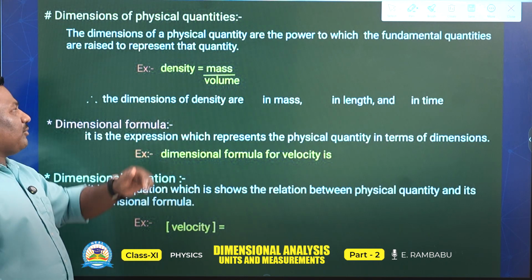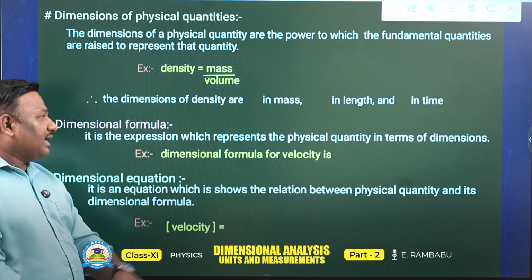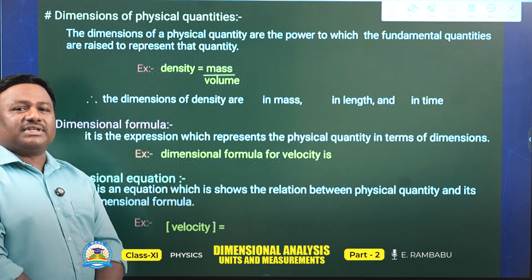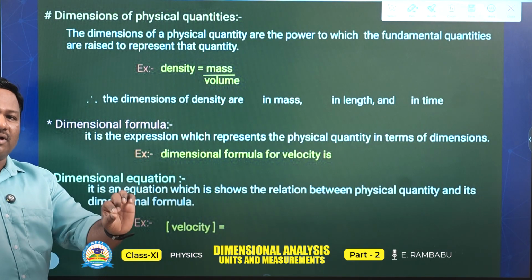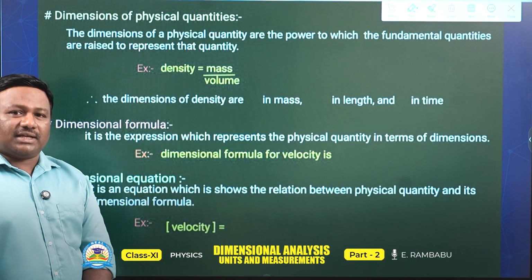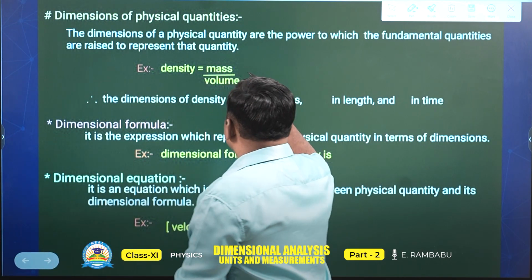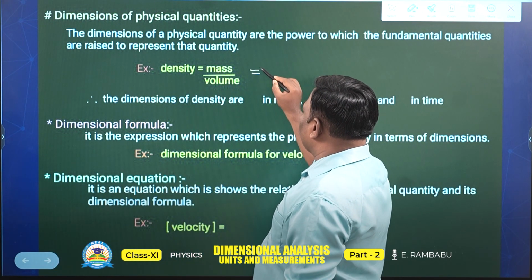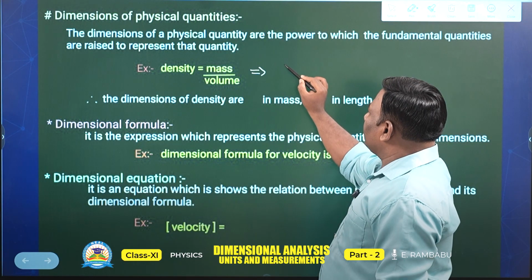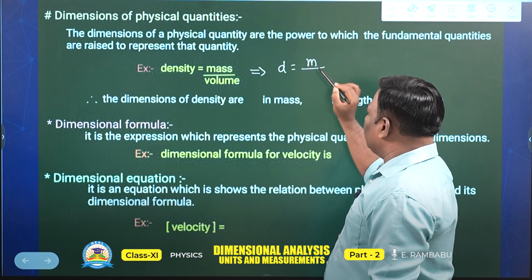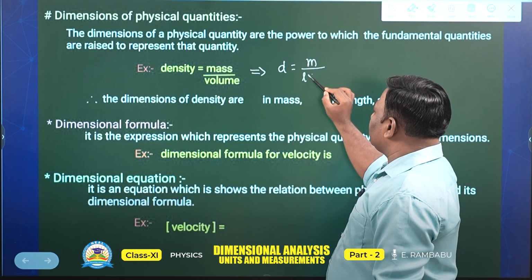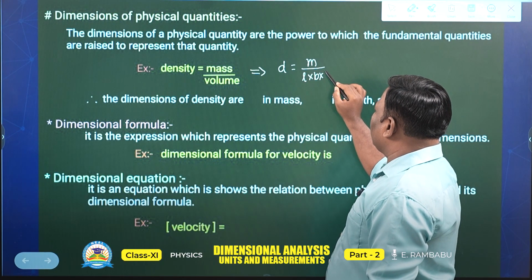Here, for example, I am going to consider density. Density is a physical quantity. I am going to represent that physical quantity in terms of the fundamental physical quantities. So here density is nothing but mass by volume. Volume is nothing but length into breadth into height.